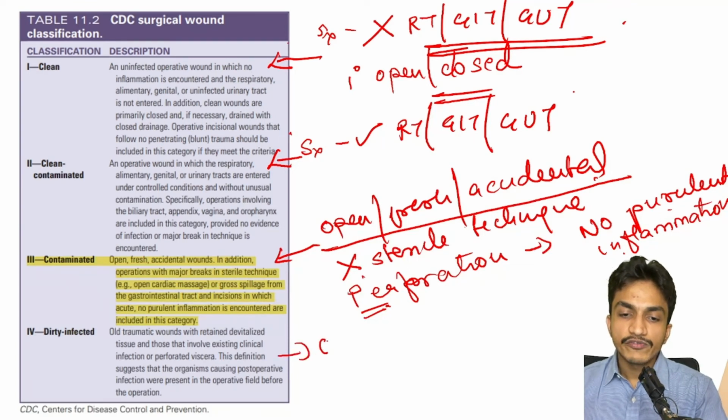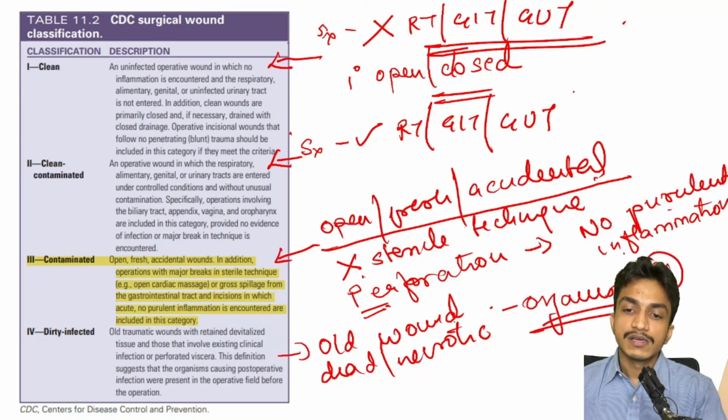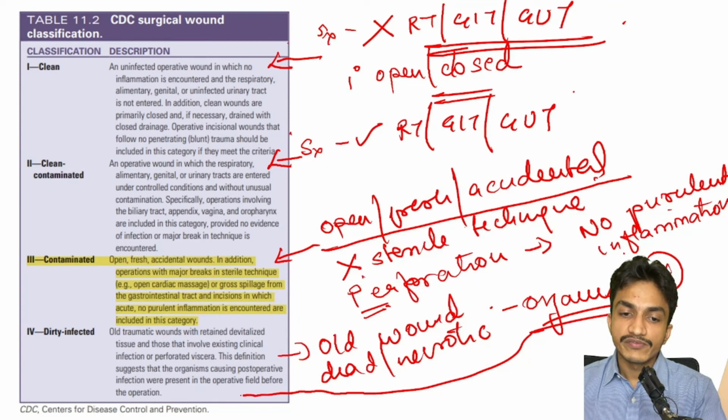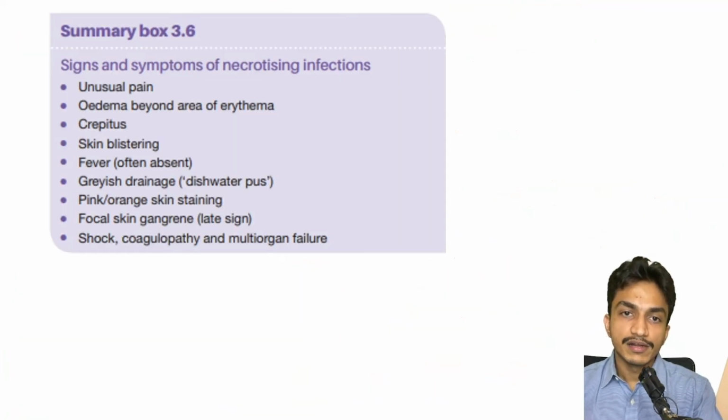And any kind of old wounds which have dead necrotic tissues involved and already the organisms are present for causing the inflammation or infection, that is a dirty or infected wound. So that is about the surgical wound classification into clean, clean contaminated, contaminated, and dirty.